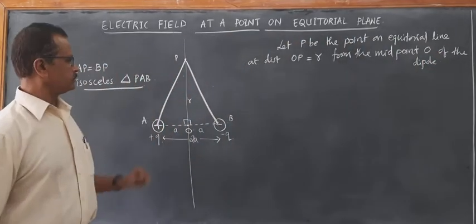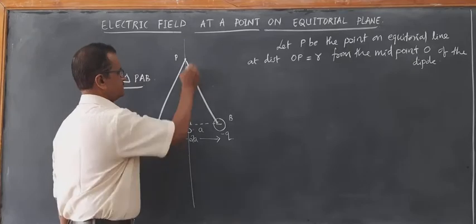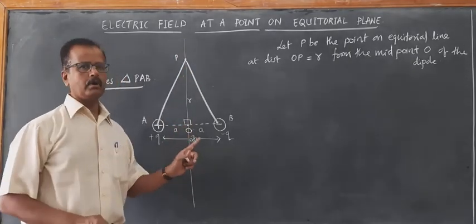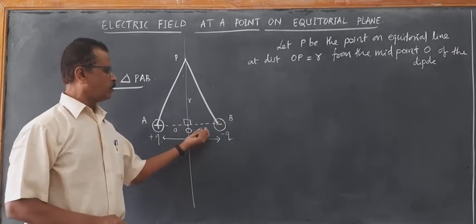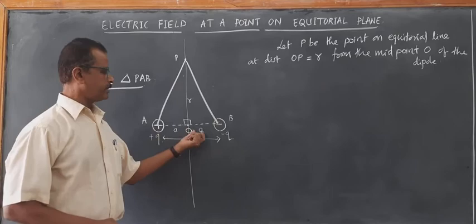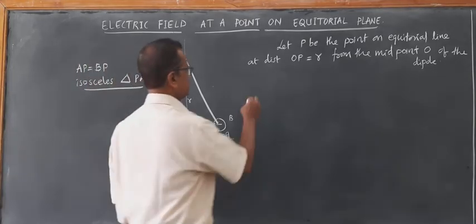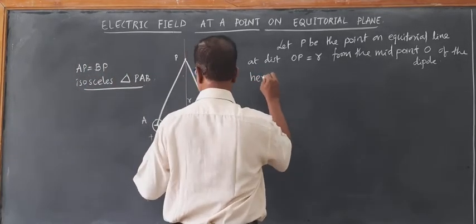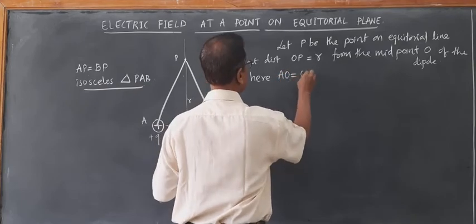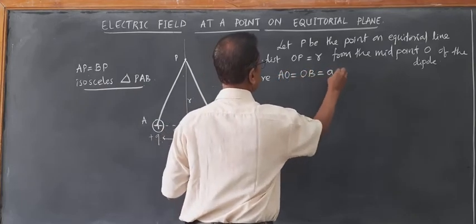So OP is equal to r. Now since the equatorial plane bisects the dipole into two halves, the lengths OB and OA are equal, and they are equal to a. Here OA or AO equals OB equals a.